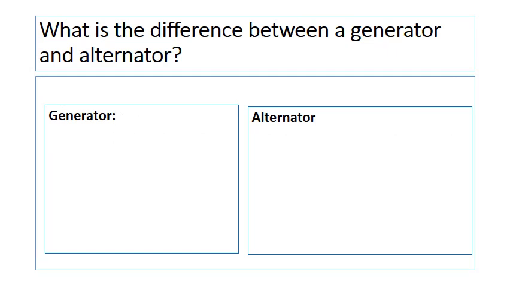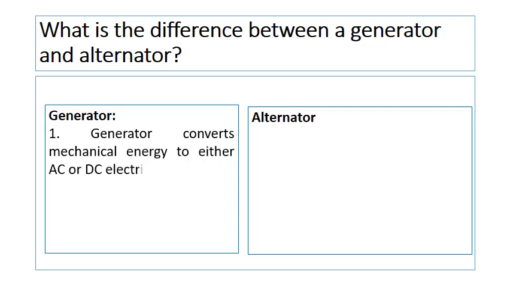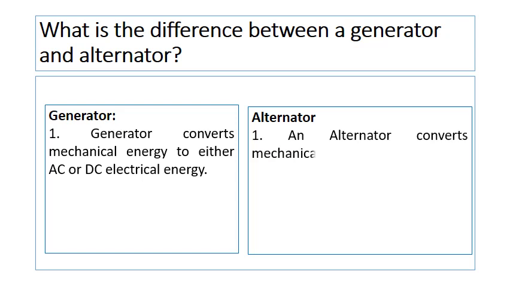What is the difference between a generator and an alternator? A generator converts mechanical energy to electrical energy, either AC or DC. An alternator converts mechanical energy to AC energy.